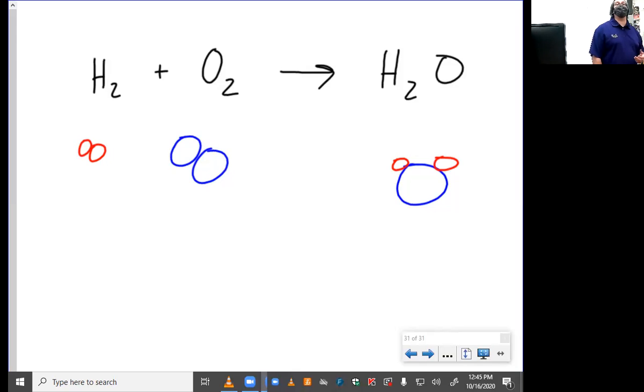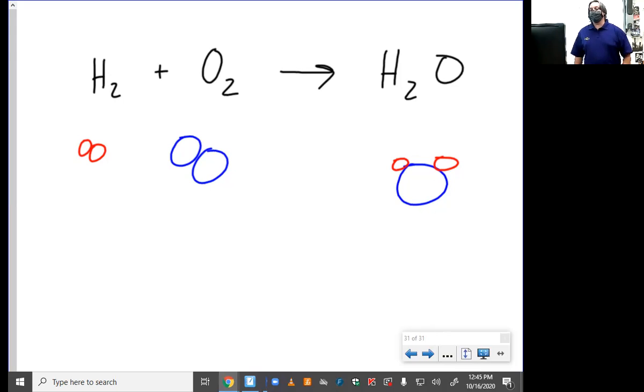Every chemical reaction starts with compounds breaking apart, atoms rearranging, and compounds coming back together into new and different compounds. So this is kind of the basis for chemistry in everything that we do.